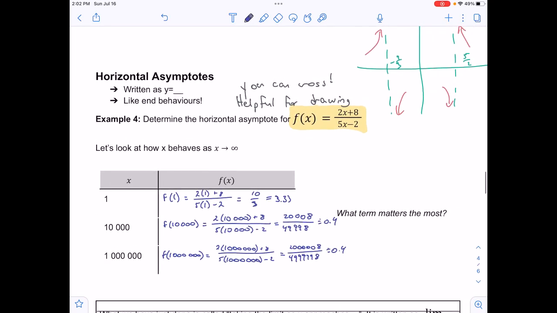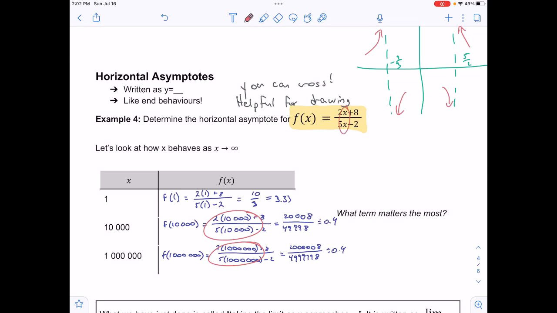Which term is having the most impact on the answers here, particularly with the bottom two? Is it the 8 and the 2? They're not really doing anything here. Once the numbers get really big, they are not contributing very much, right? The terms having the biggest impact are our first two terms in both of these cases. And what do these two terms have in common?